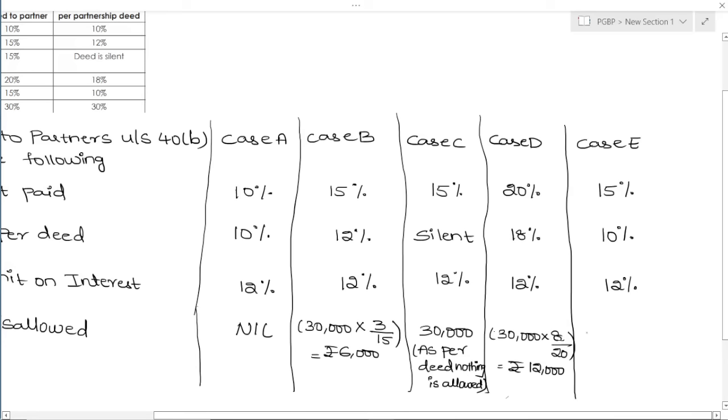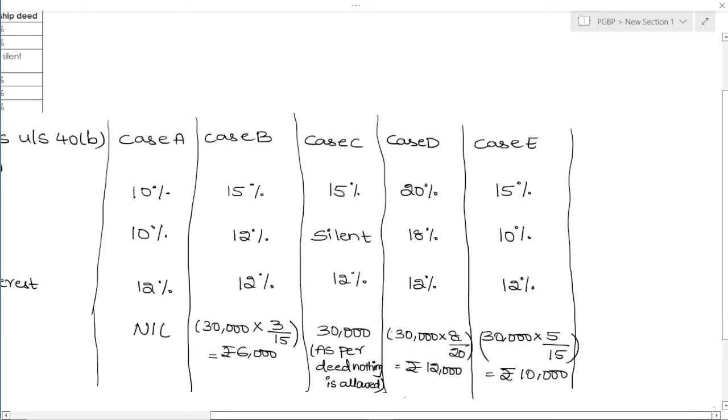30,000 is the interest into 5% not allowed divided by 15%. So 30,000 into 5 by 15. 10,000 is the right answer.